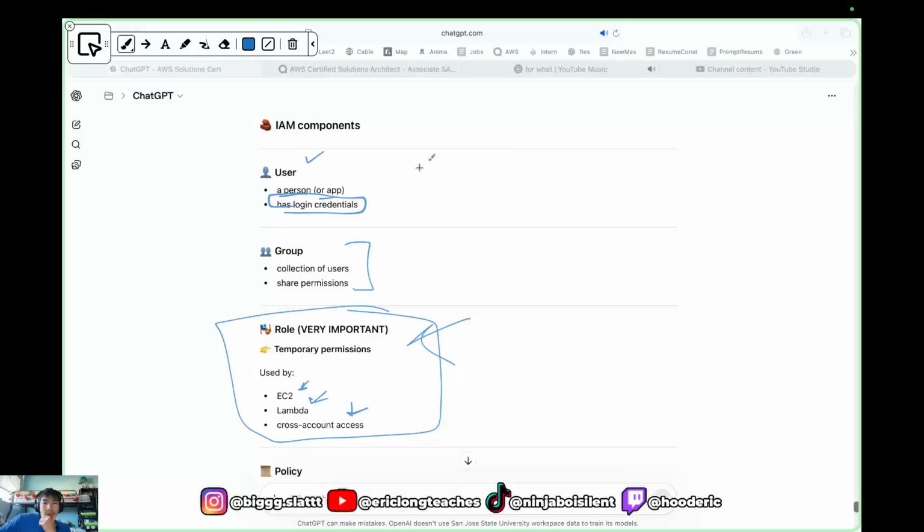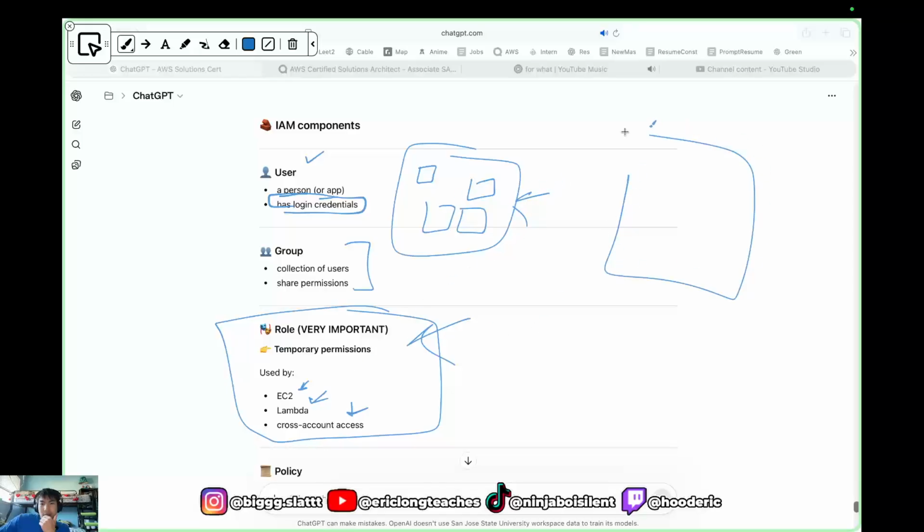So a user is like one person, and a group is a group of people with the same permissions. I guess a role is kind of like a box, and we could move people in and out of the role, just temporary permissions.